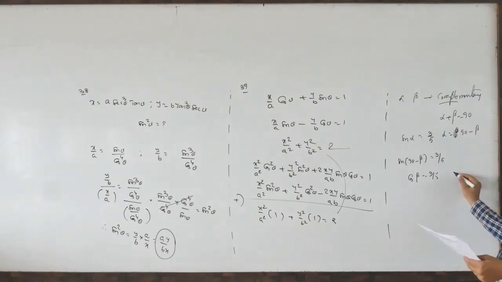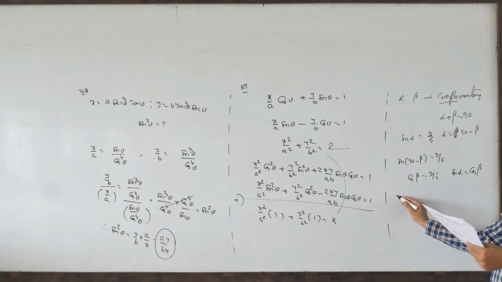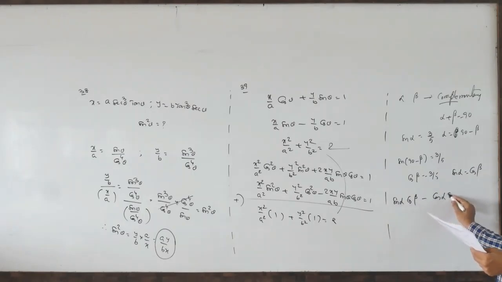Now what is the observation? Sin alpha equal to... what is the expression he is giving? Sin alpha cos beta minus cos alpha sin beta. Okay. Very good.